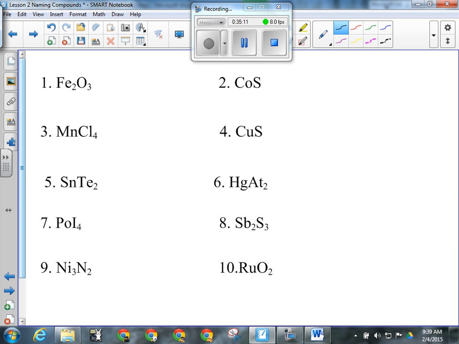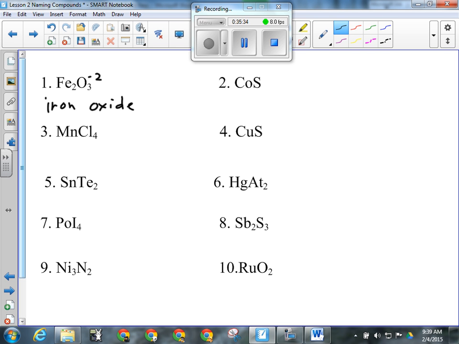Actually, we'll do the first one together because we've done it already once, just to remind you how this works. This is going to be iron oxide, but because iron has more than one charge, I've got to figure out which charge it is. To do that, I use the nonmetal because nonmetals always only have one charge. Oxygen's charge is always -2.